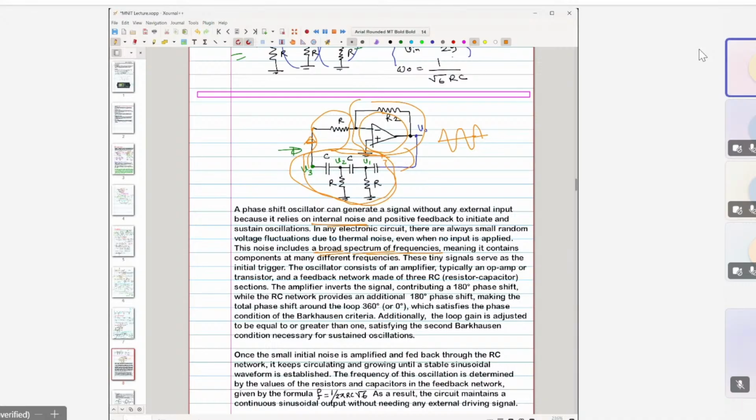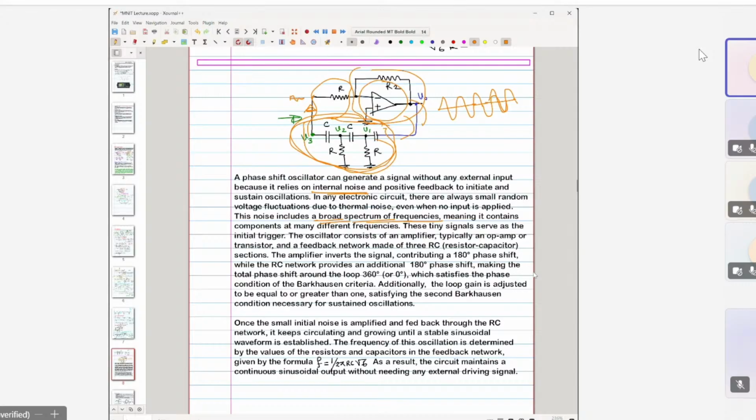Again only that frequency can pass through the frequency selective network, and again that signal is amplified. So this is how, without any signal as an input here, we can still produce and sustain oscillation from this oscillator.